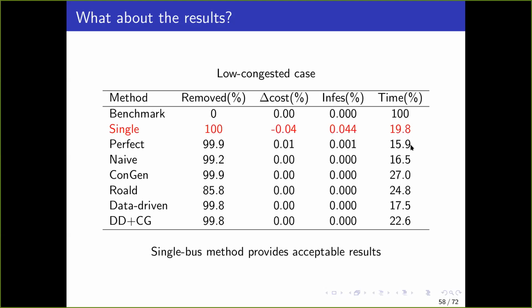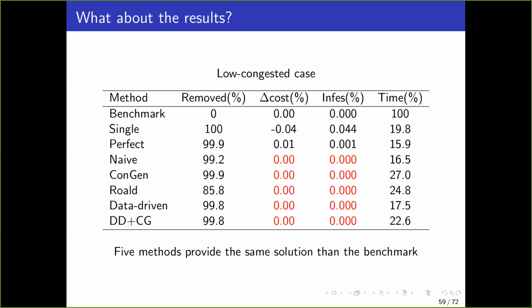So let's see some interesting facts. The first one is that the single method is good enough, and this is because you have a very low congested system. So removing every single constraint is not that bad. Then we have 5 methods out of 8 finding the exact same solution as the benchmark.